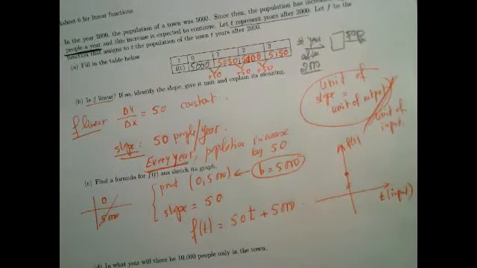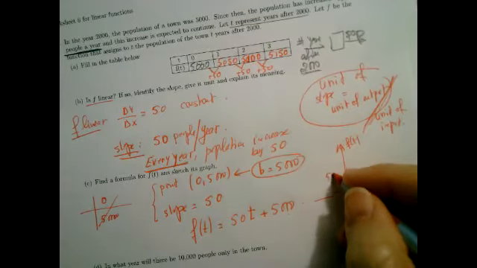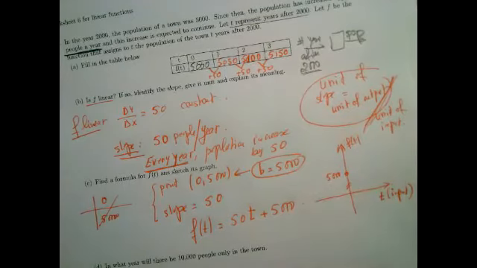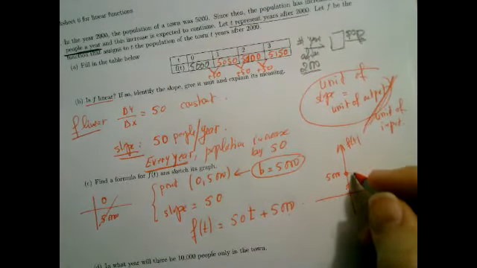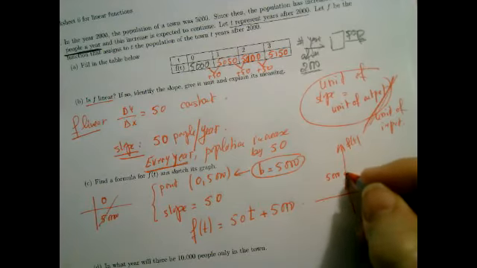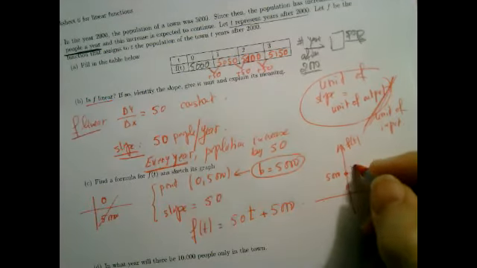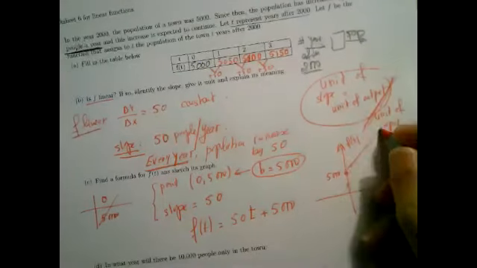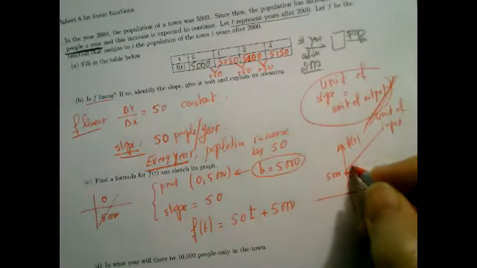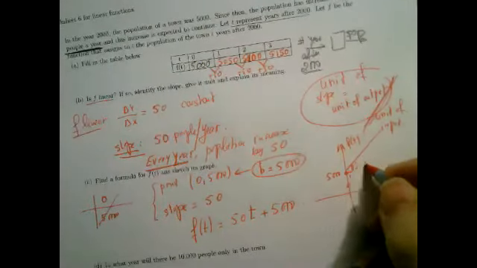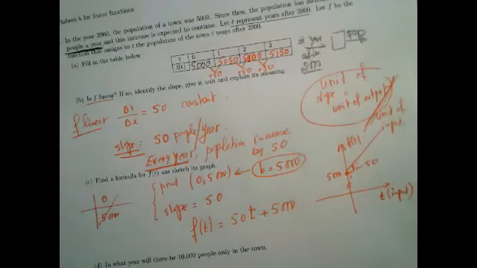Assume that's totally off scale. We start at 5,000, and then we grow every year by 50. So every year it grows by 50, it's going to go like that.